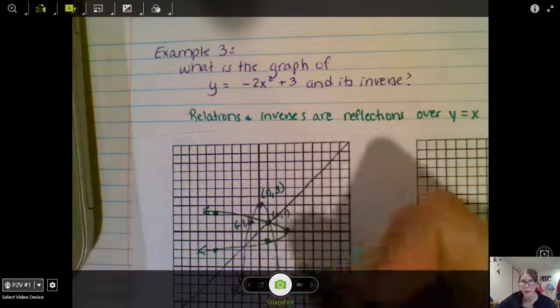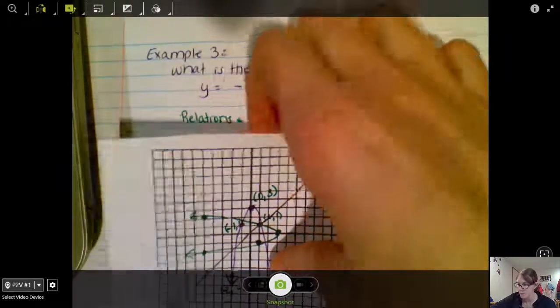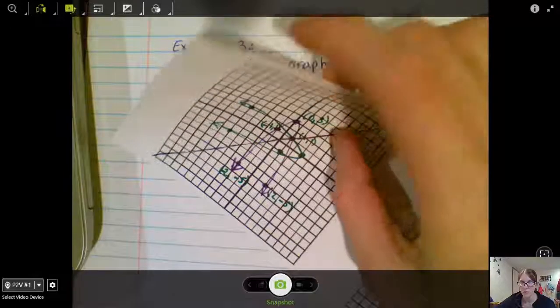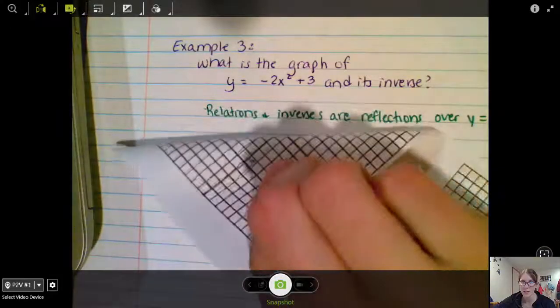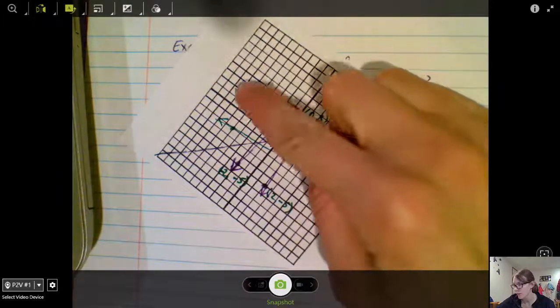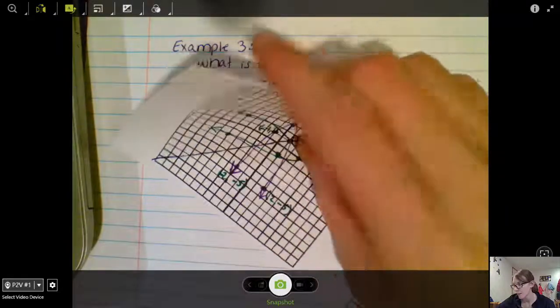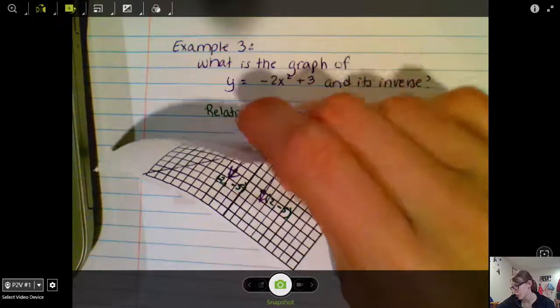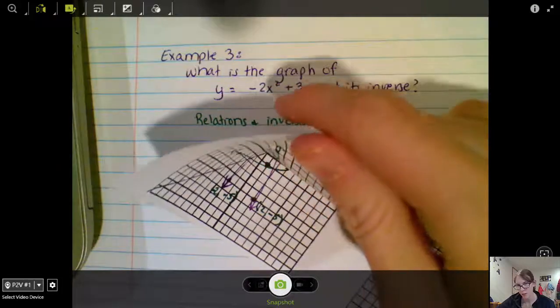But if I draw in my line y equals x and folded my paper over this line, my green parabola, after I folded, would match where the purple is. And you can kind of see that a little bit here.